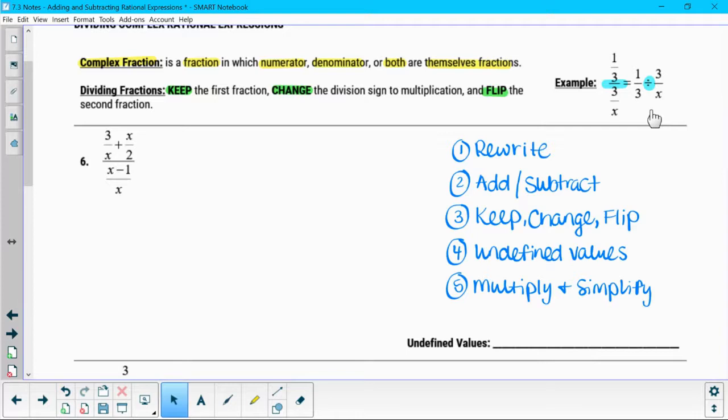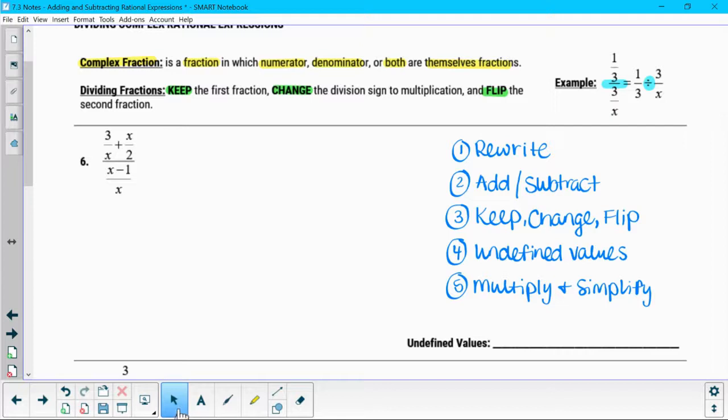And then, if necessary, we're going to add and subtract any fractions that need to be combined so that I have one fraction over another fraction, not 2 over 1 or 1 over 2, nothing crazy like that. Try to get it in a simplified form, one fraction over one fraction.